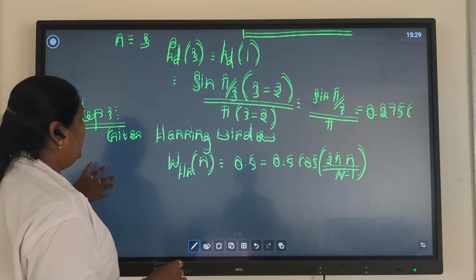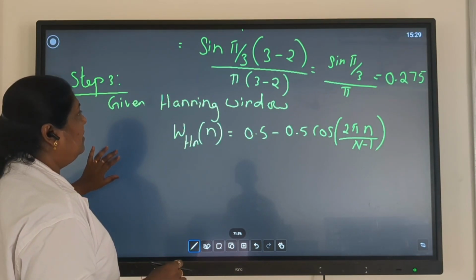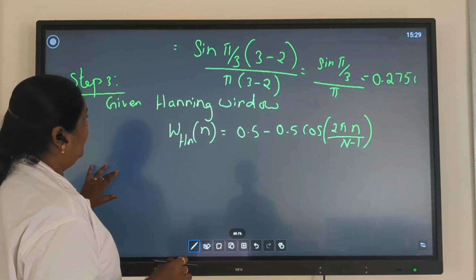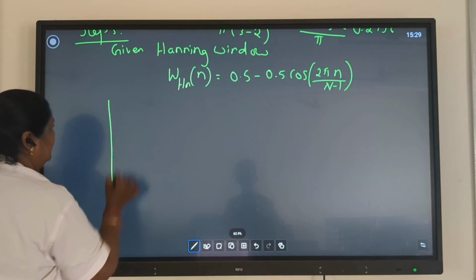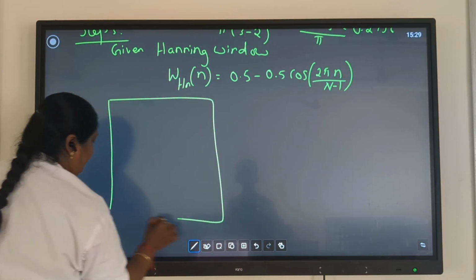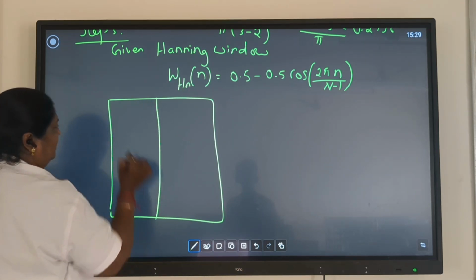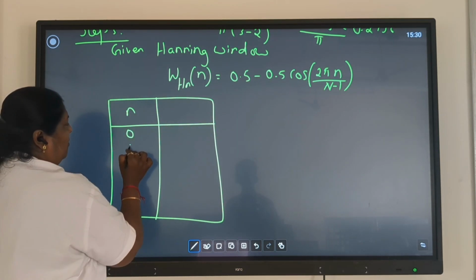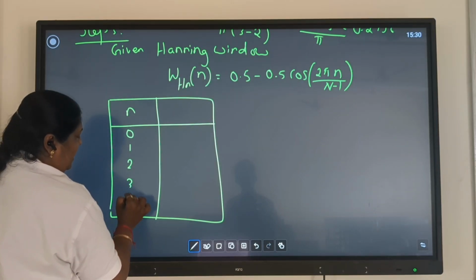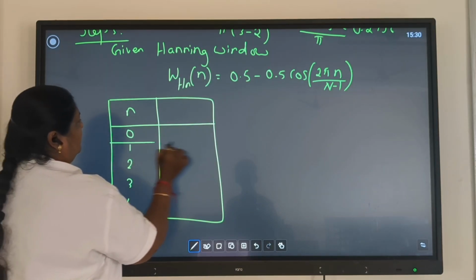So now you are going to find values for this particular window. Again, you put a table here. Small n will vary from 0, 1, 2, 3 and 4.